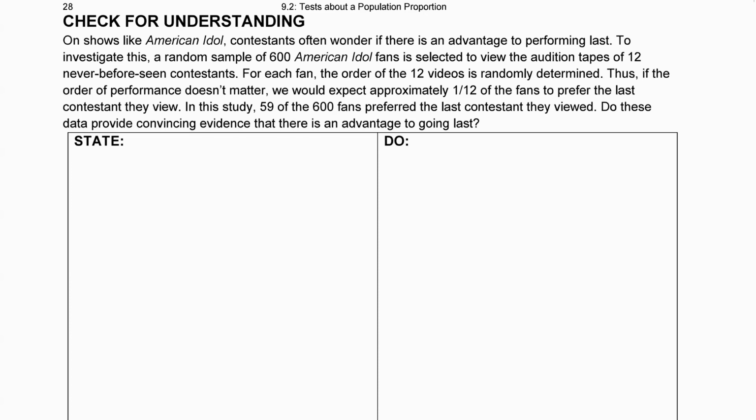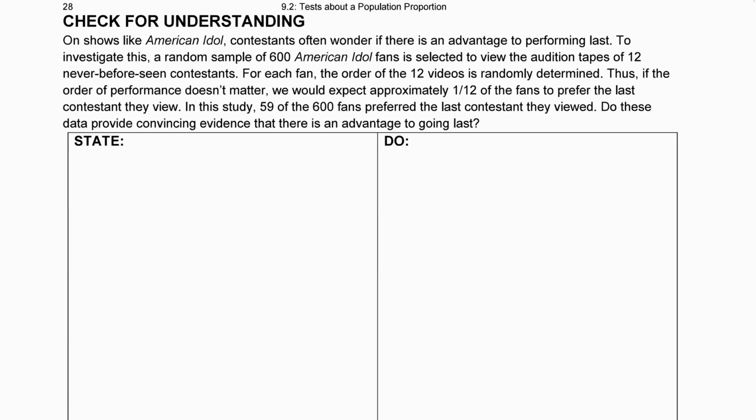For each fan, the order of the 12 videos was randomly determined. Thus, if the order for performance doesn't matter, you would expect 1/12 of the fans to prefer the last contestant they view. In this study, 59 of 600 fans preferred the last contestant they viewed. Do these data provide convincing evidence that there's an advantage to going last?